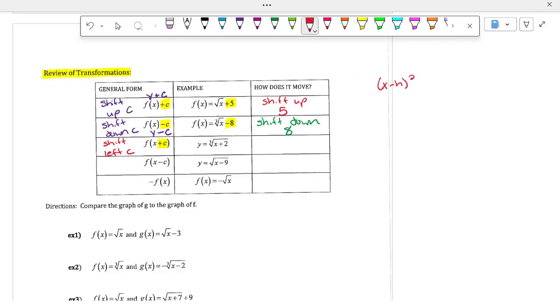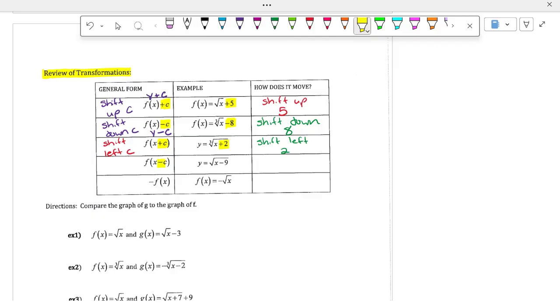And when we pulled out the vertex, we always had to flip this sign. You guys remember that? Kind of, sort of. It's the same thing. So if we have a plus 2 under the radical, that means we're going to shift left 2 units.